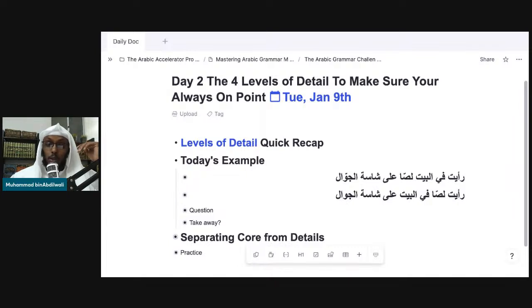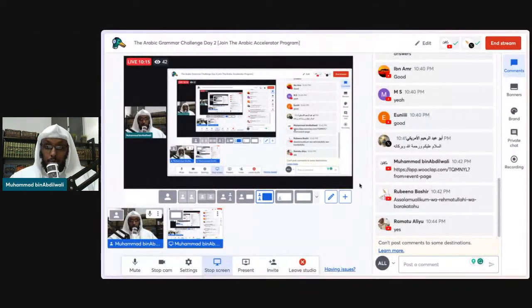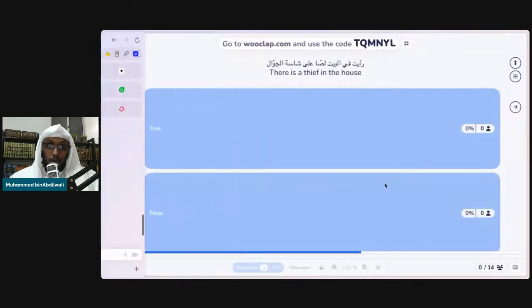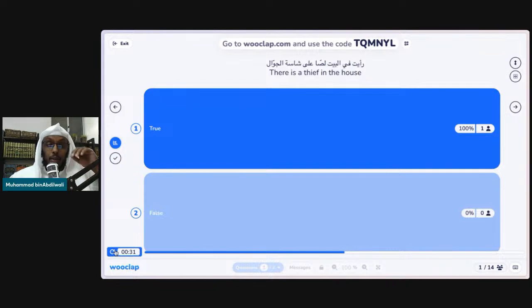So I want you to go to WooClap and answer this question. This sentence on top, رأيت في البيت لصا على شاشة الجوال. I'll share the whole window again. This over here, رأيت في البيت لصا على شاشة الجوال.